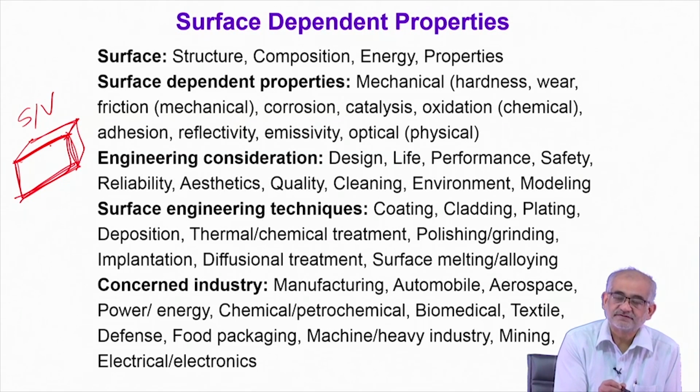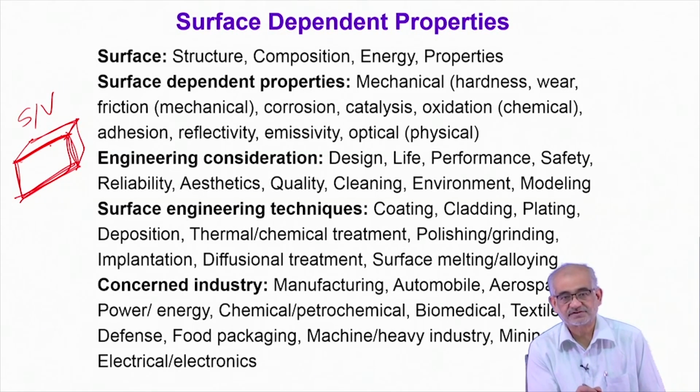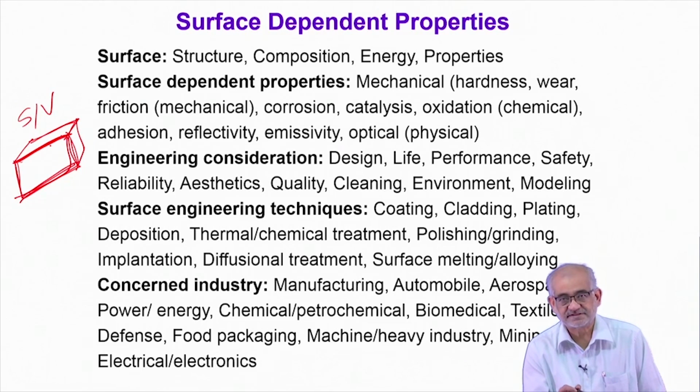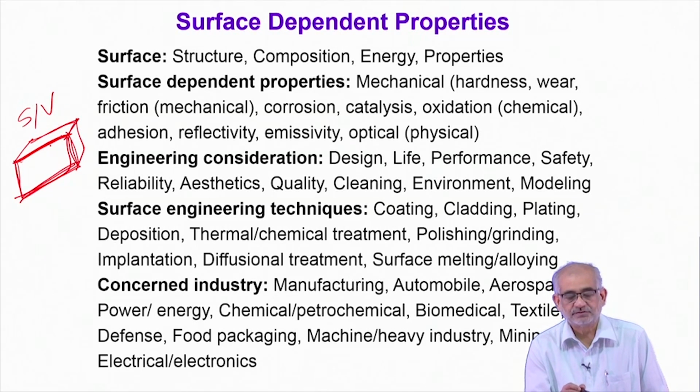But of course, the surface energy varies depending upon the condition, the composition and prior history of the solid, and based on that we have different manifestations of surface energy. Now, to a large extent, the surface energy influences the surface dependent properties.